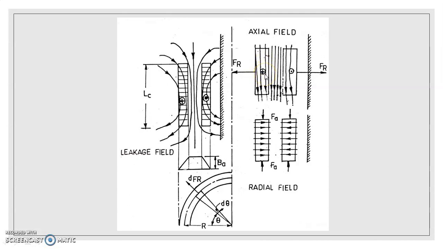So, from the interaction of the leakage flux, or the stray magnetic field, and the current through the winding, forces are exerted on the core of the transformer. You can see here Fr, exerting in opposite directions as the current directions are opposite.